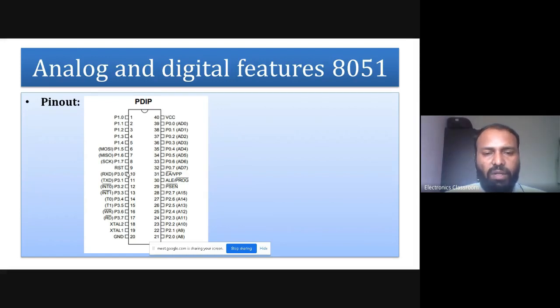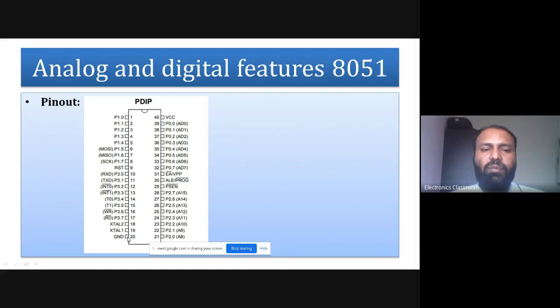The standard operating frequency of the 8051 microcontroller is 11.0592 megahertz. We can connect any crystal up to 40 megahertz, but the standard crystal frequency is 11.0592 megahertz. The crystal is connected between these two pins, pin number 18 and pin number 19.